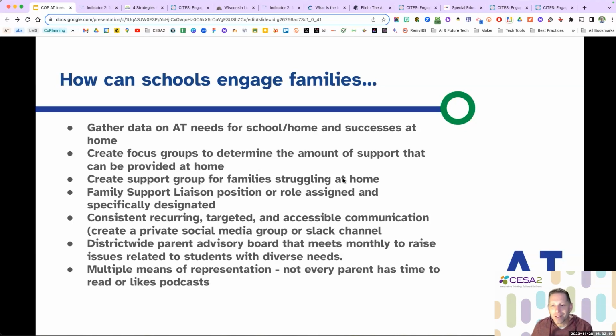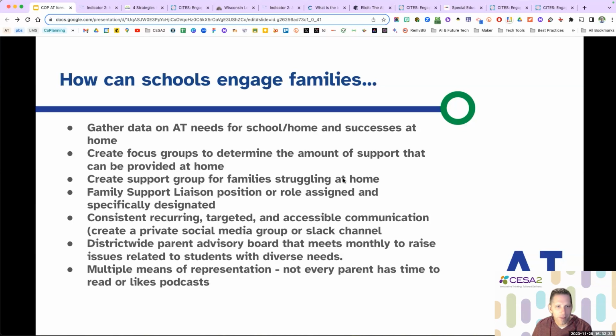Well, I'm going to go back to what I had mentioned earlier. Some of these strategies I'm going to share now, you might be thinking, when are we going to find the time to do this? We do not have the manpower or the staffing to initiate some of these strategies.